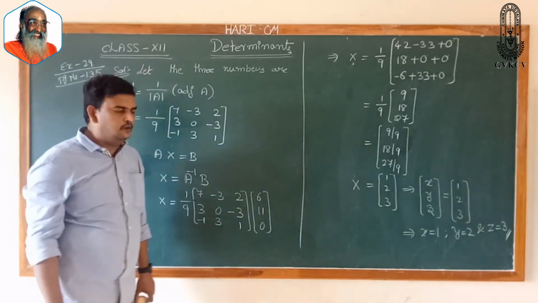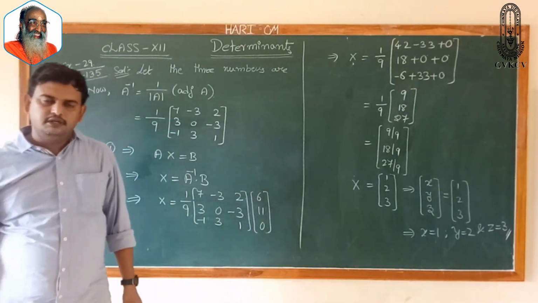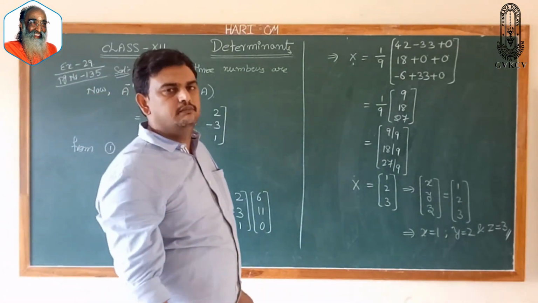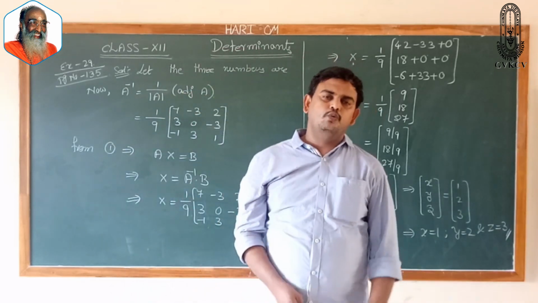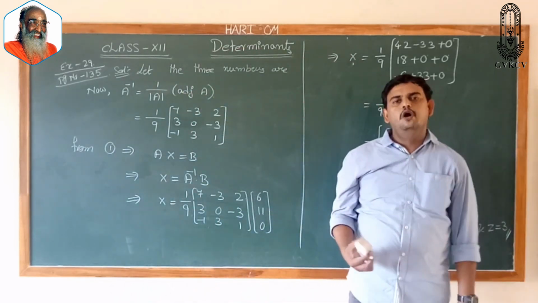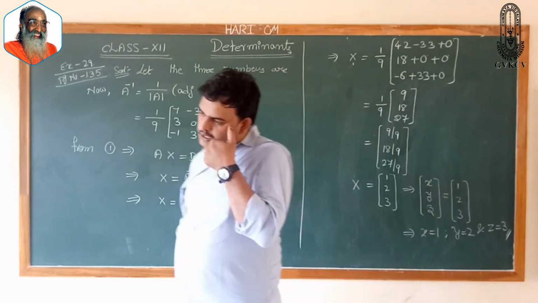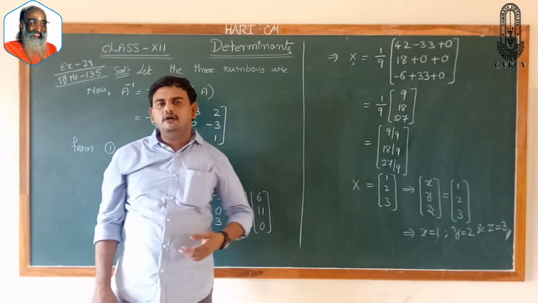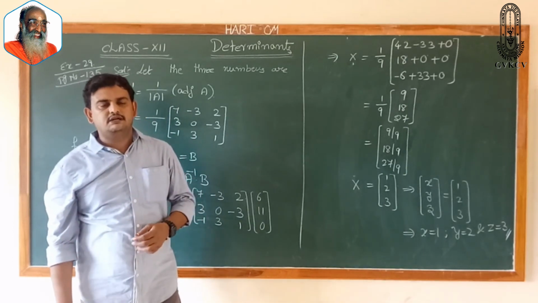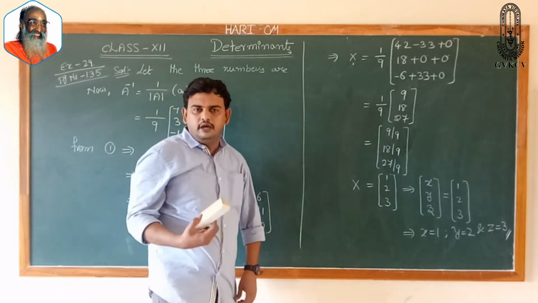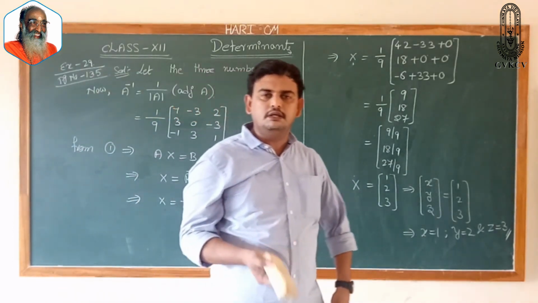So finally we have the three numbers. The required three numbers are X is equal to 1, Y is equal to 2 and Z is equal to 3. This is the way we can solve a system of linear equations either in 2 variables or in 3 variables.